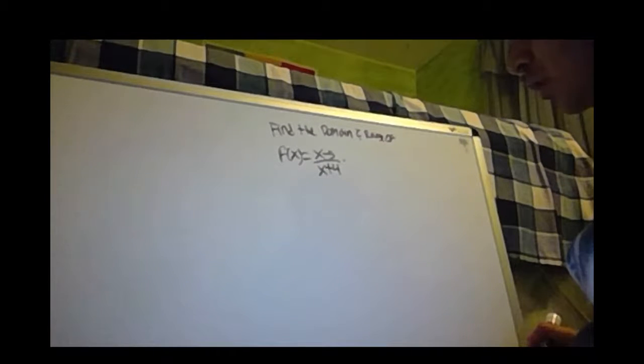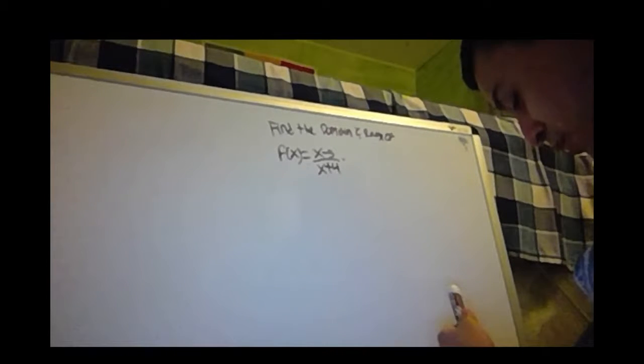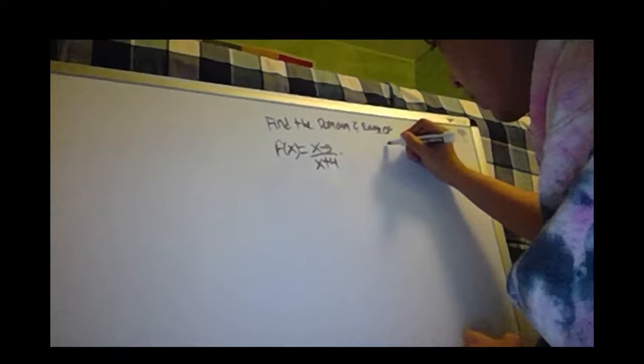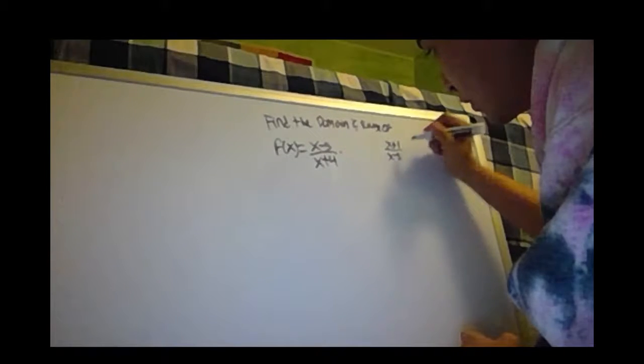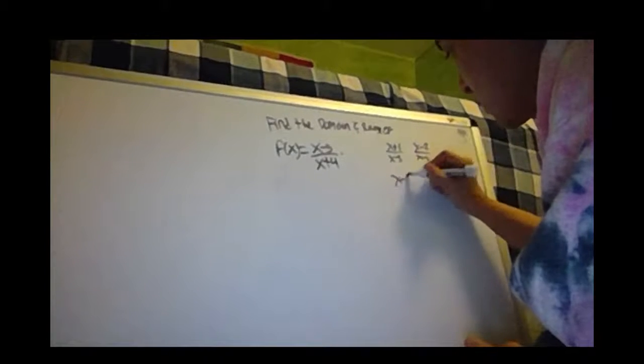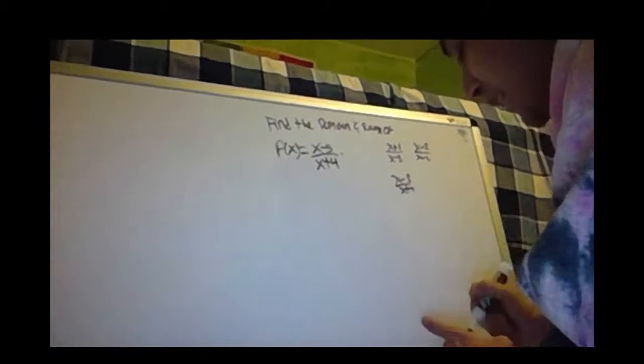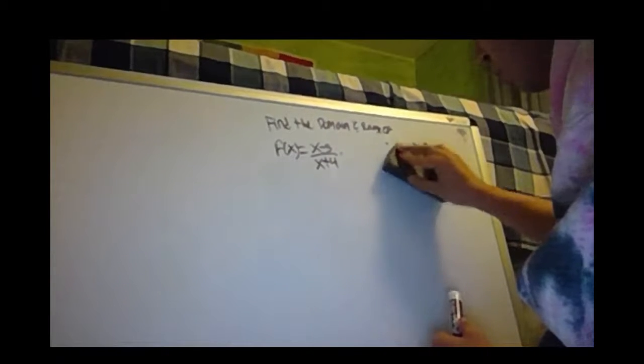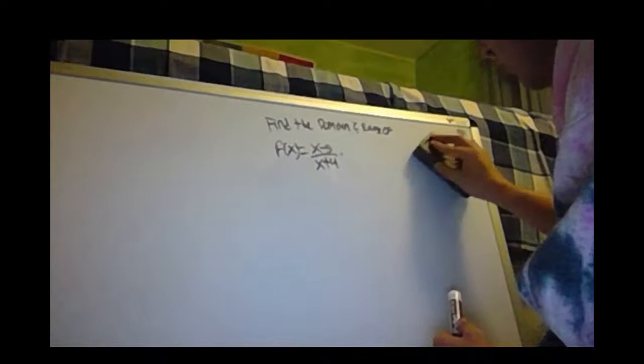For any rational function, whether it's x plus 1 over x minus 5, x minus 2 over x minus 1, or x minus 3 over x plus 4, unless it gives you a quadratic on the bottom where you can't really solve for x, then that would be kind of difficult.